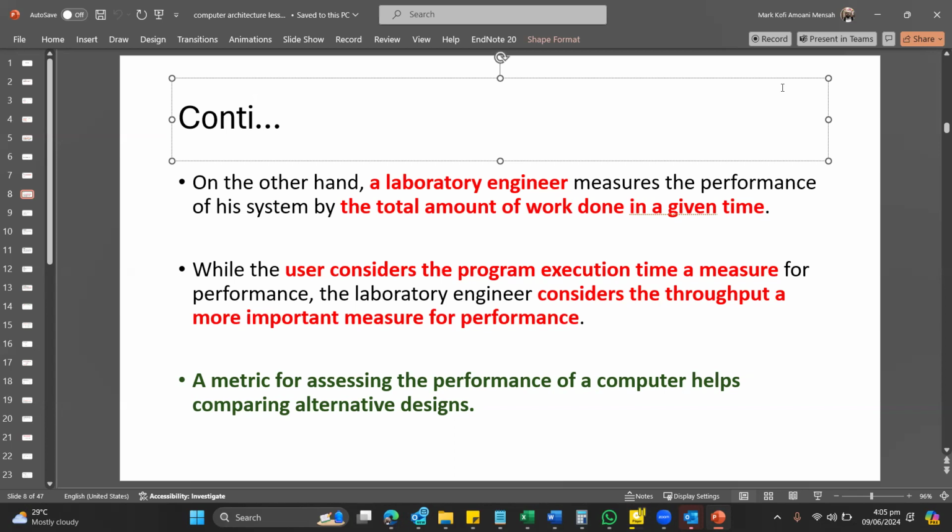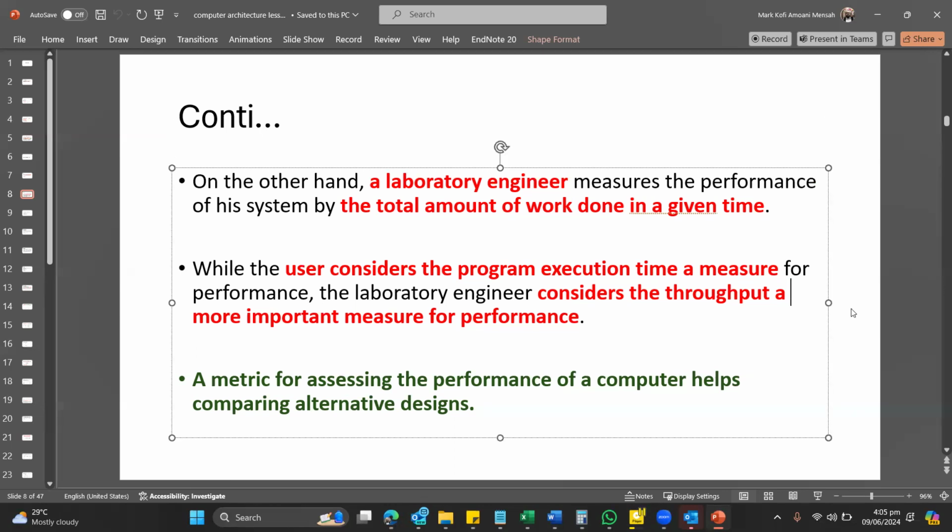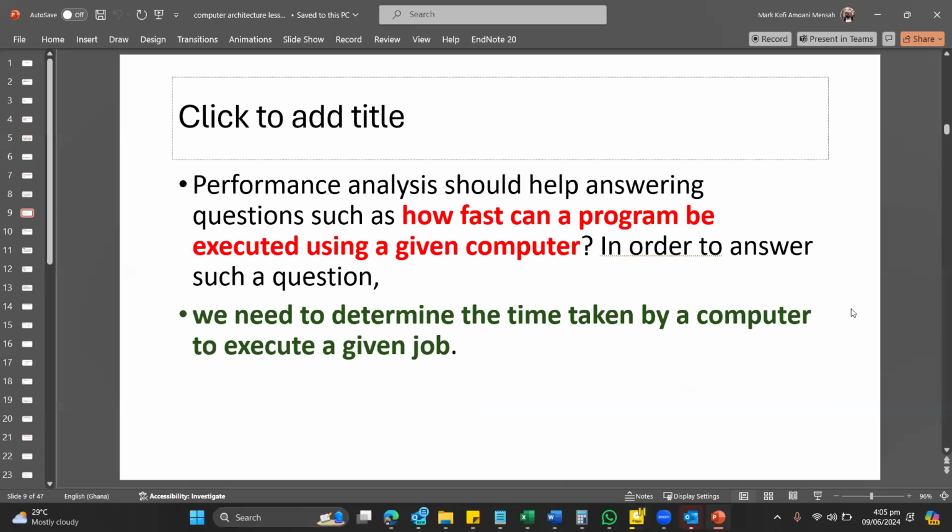So in this class again, when we are talking about performance, we are going to be focusing on how we build applications and compare them to know which one is better.